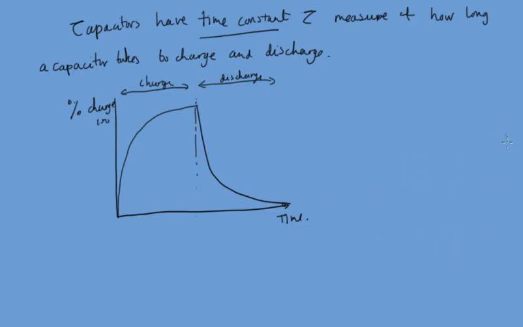Now, let's think about some other uses, other applications of capacitors. So we've just spoken about the camera flash.